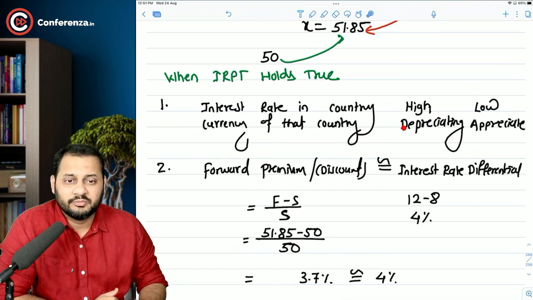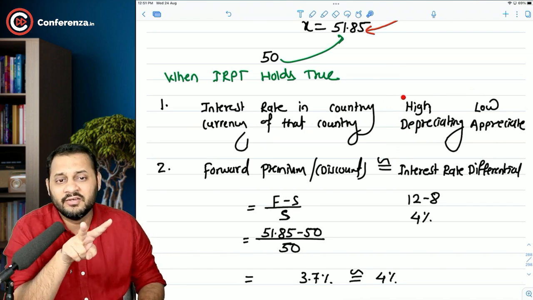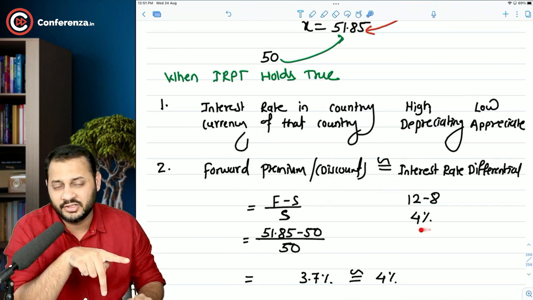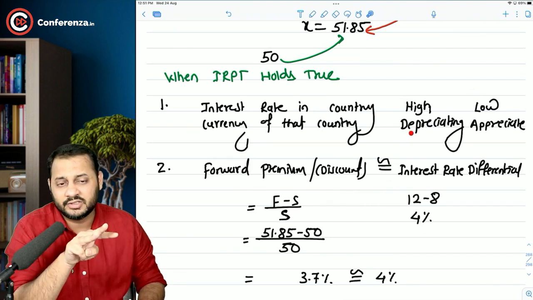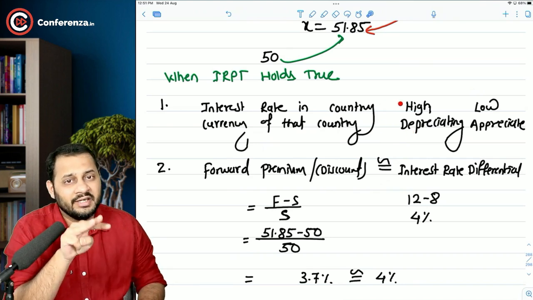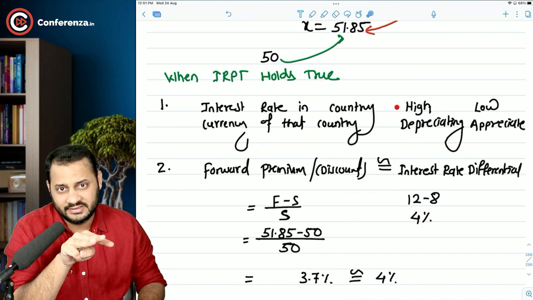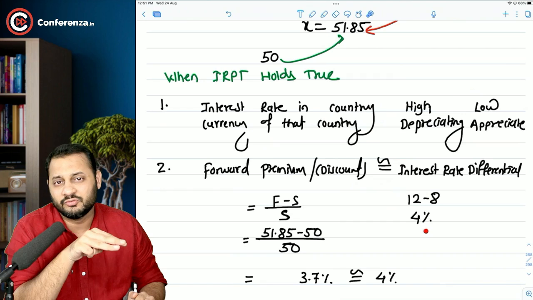So let's say, for example, the Indian currency starts depreciating and it depreciates by 2%. Still, we will invest in this because 2% is lesser than 4% of the interest rate difference. Let's say the rupee depreciates by 3%. Still, we will keep on investing in Indian currency because the interest rates are high, because 3% of the depreciation is still less than 4%.